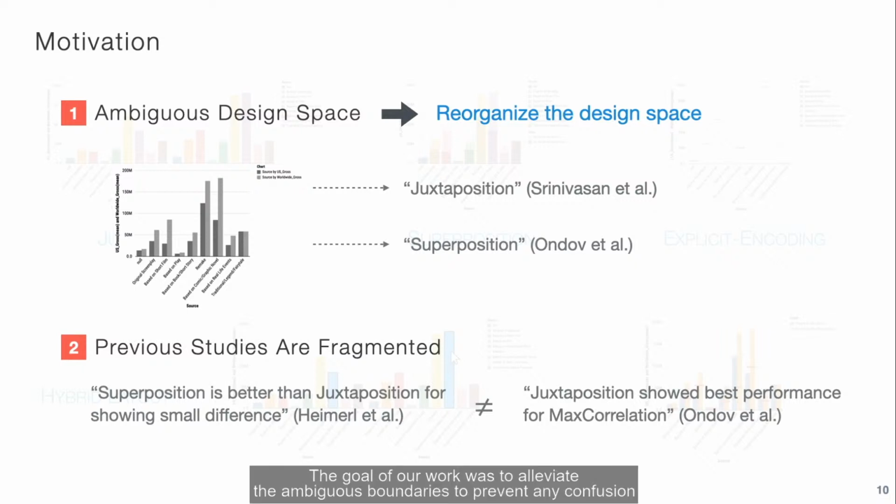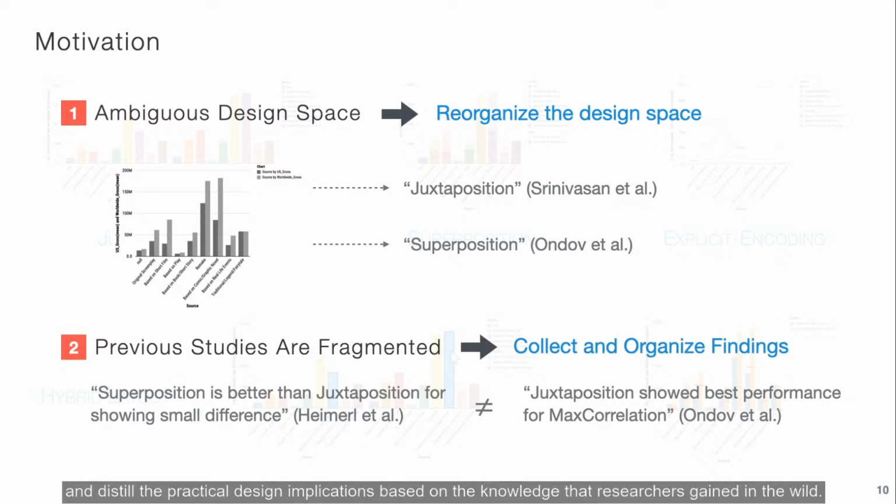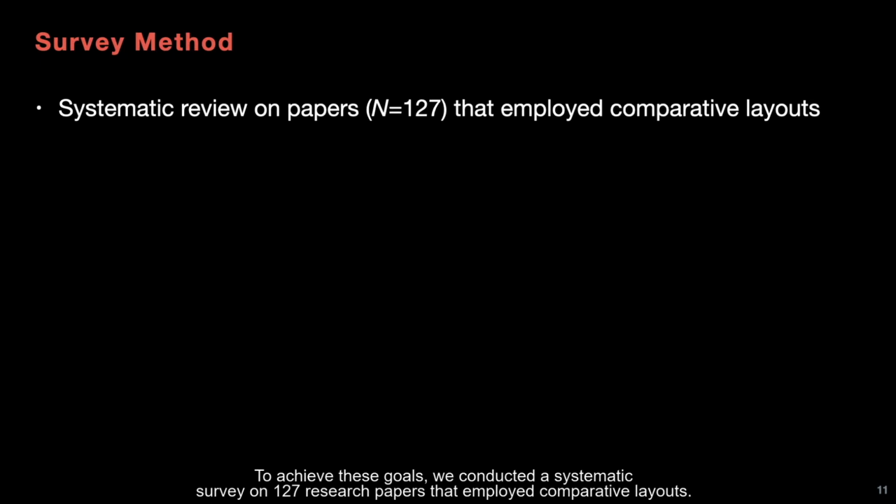The goal of our work was to eliminate the ambiguous boundaries to prevent any confusion and allow discussing their usefulness in a more consistent manner, and also distill the practical design implications based on the knowledge that researchers gained in the wild. To achieve these goals, we conducted a systematic survey of 127 research papers that employed comparative layout.